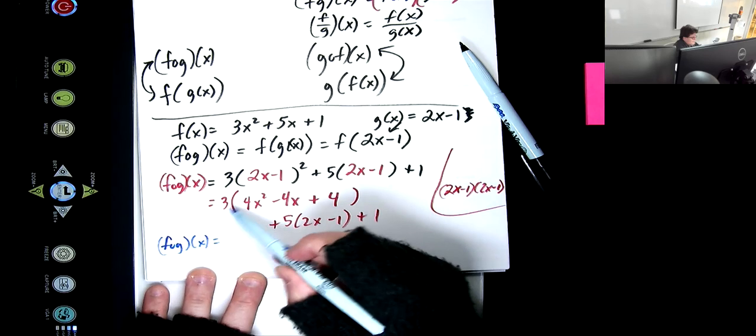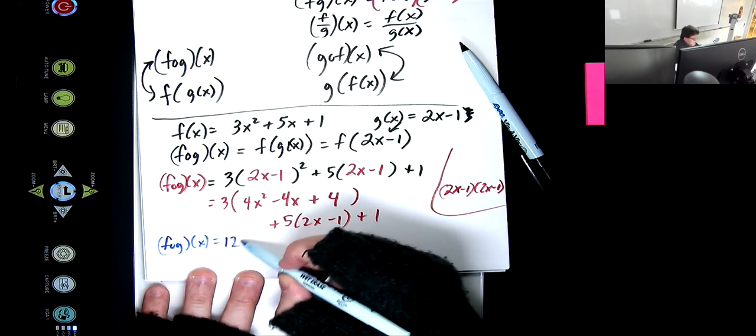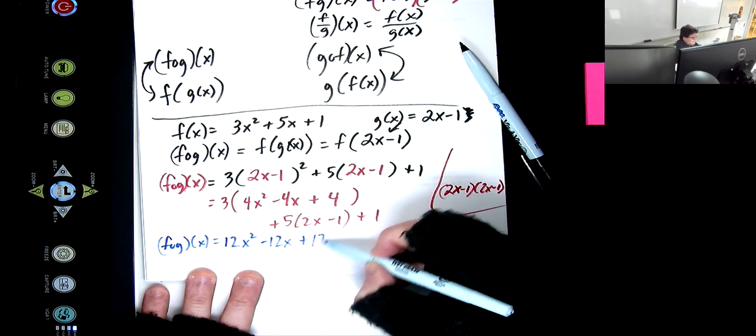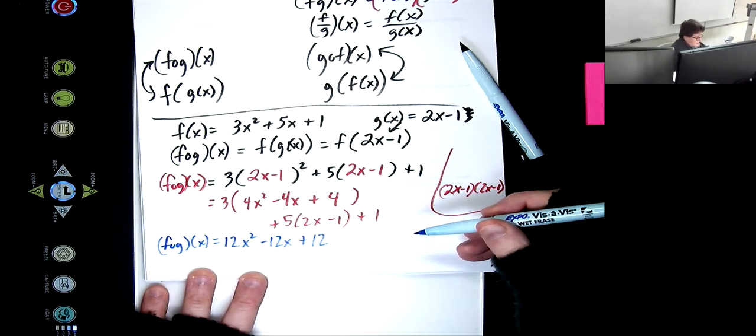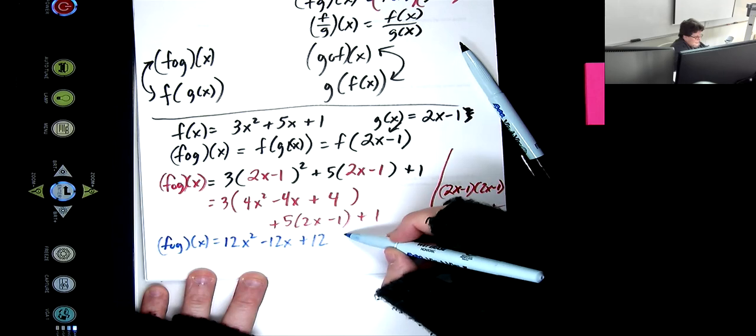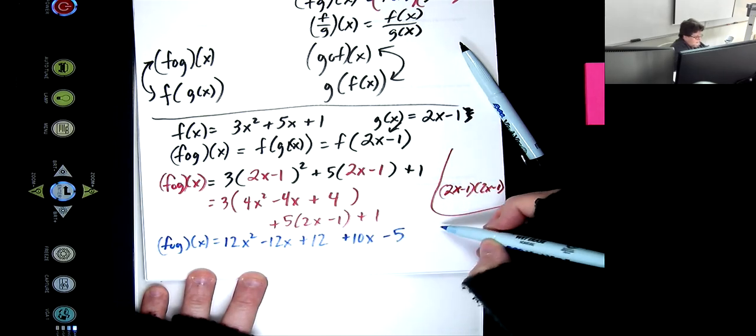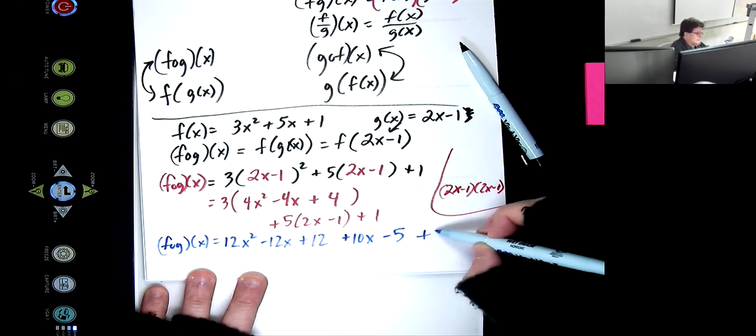I distribute the 3, I've got 12x squared minus 12x plus 12. And then I do this part, I've got plus 10x minus 5. And then I've got plus 1.